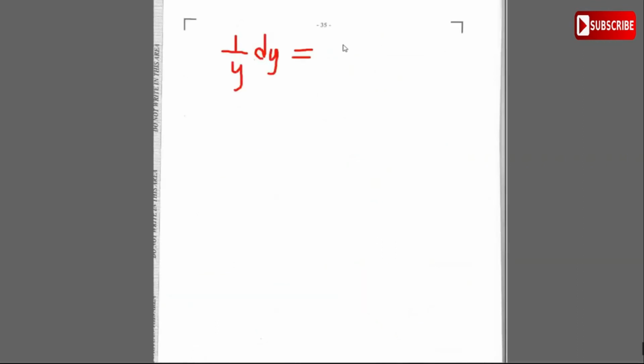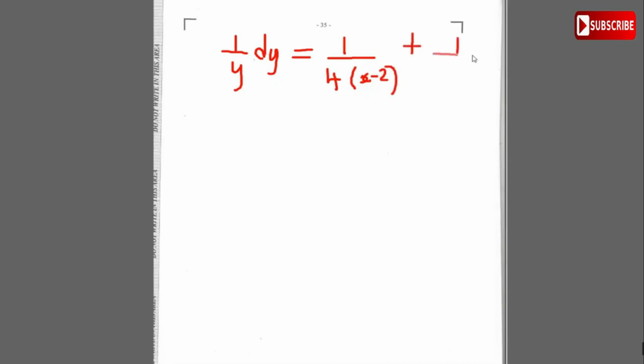So a quarter over x minus 2, I'm going to rewrite that as a quarter is 1 over 4 into x minus 2 plus 1 over, it's not 1, it's b, and b is 3/4 over x plus 2 dx.